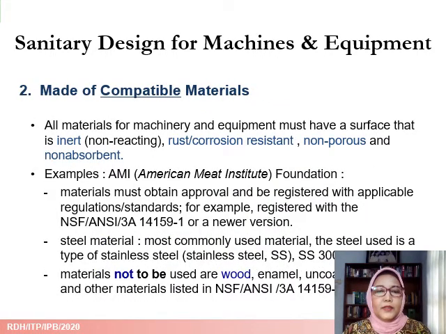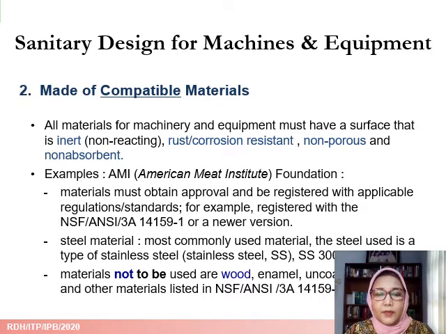The second principle requires that machines and equipment are made of compatible materials. All materials for machinery and equipment must have a surface that is inert, corrosion resistant, non-porous, and non-absorbent. In the United States, for example, for the meat industry, all of the materials must obtain approval and be registered according to the guidance by the American Meat Institute.